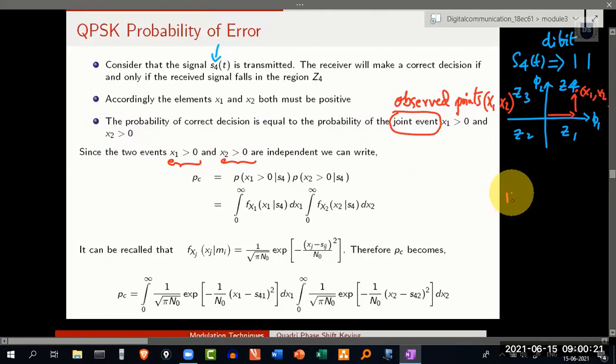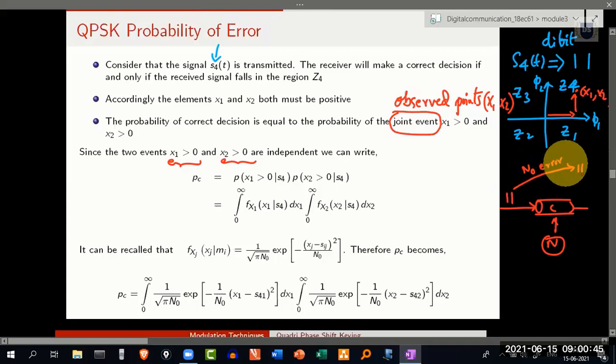Let's say we are transmitting 1 1, and here is where we have our channel, and this channel is always associated with noise. It can so happen that I receive 1 1 over here. If I'm receiving 1 1, then there is no error, but this is the ideal case. I can receive it as 1 0, or as 0 1, or also as 0 0.